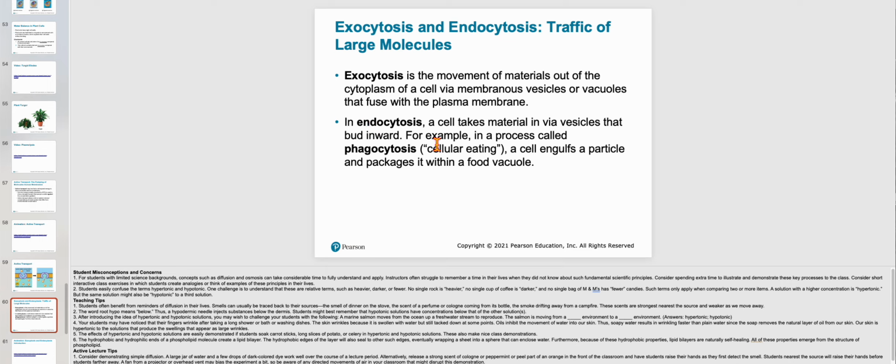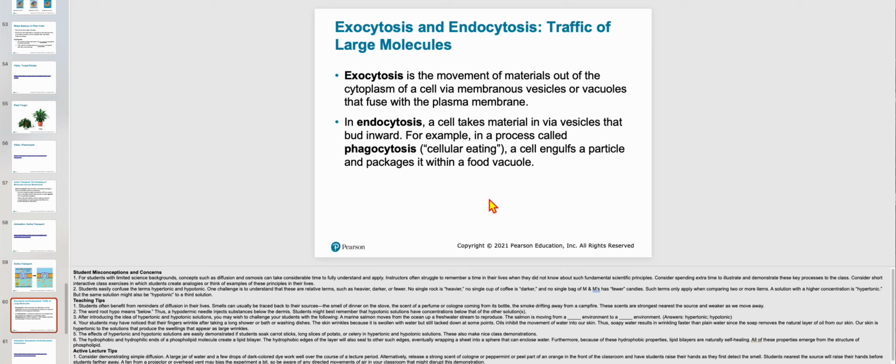Okay? So let me repeat, then we'll finish up. Exocytosis is removing things from the cell. Endocytosis is taking things in. And one example or version of it is phagocytosis, done by white blood cells, where they actually take in the bacteria to destroy it. Now there's another version that's going to be mentioned on one of the slides, and that's called pinocytosis.